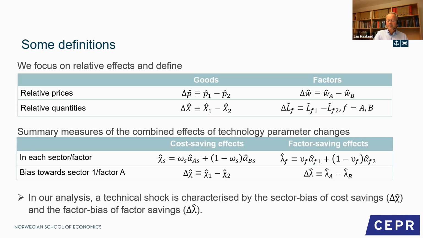So if delta lambda hat is positive, then it is as if the endowment of factor A goes up relative to the endowment of factor B. In the analysis, these 2 final parameters, delta chi hat and delta lambda hat, capture all or most of the effects of technology changes in an efficient way.